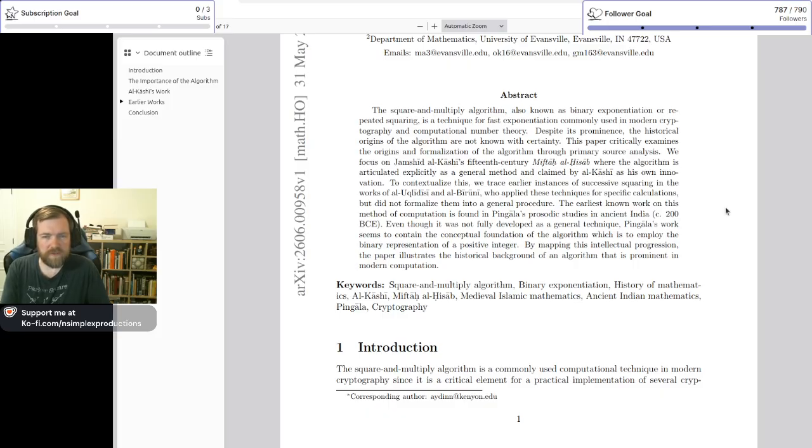Even though it was not fully developed as a general technique, Pingala's work also seemed to contain the conceptual foundation of the algorithm, which is to employ the binary representation of a positive integer. By mapping this intellectual progression, the paper illustrates the historical background of an algorithm that is prominent in modern computation.